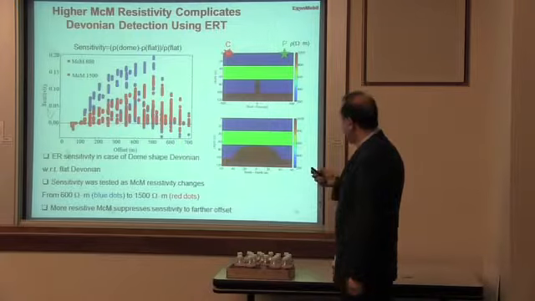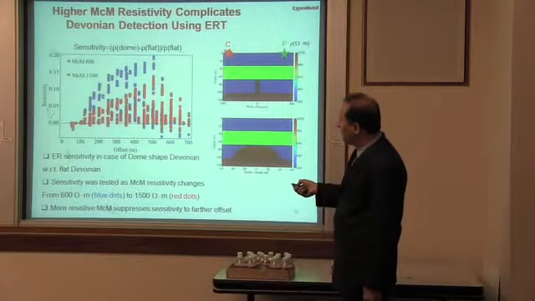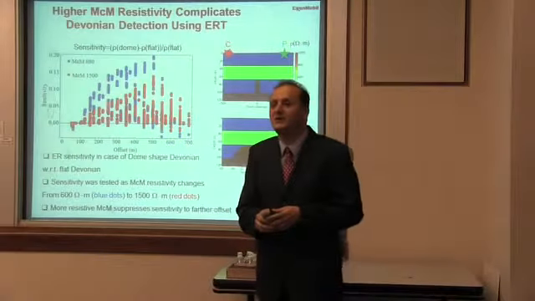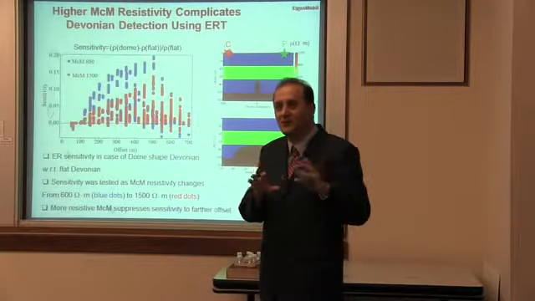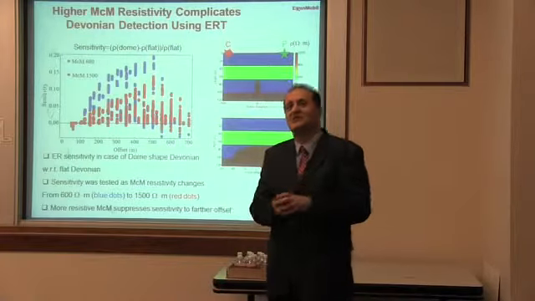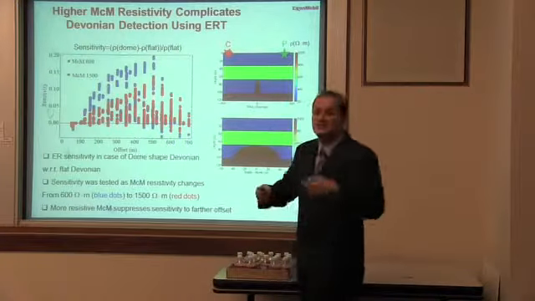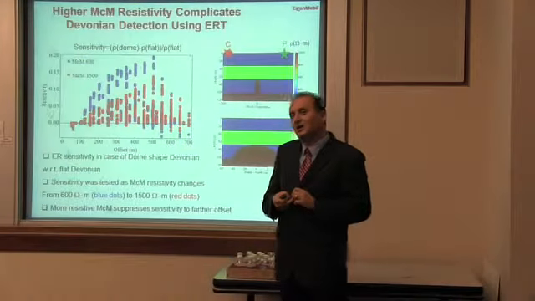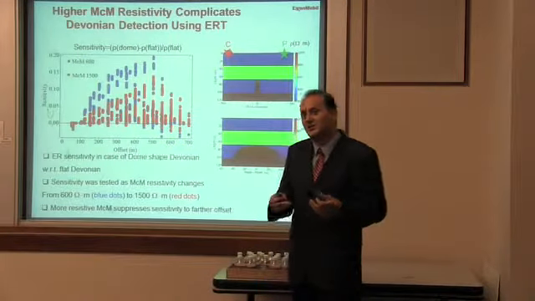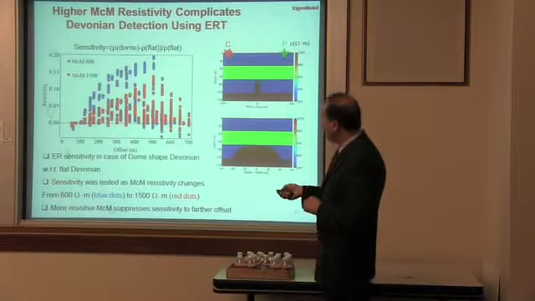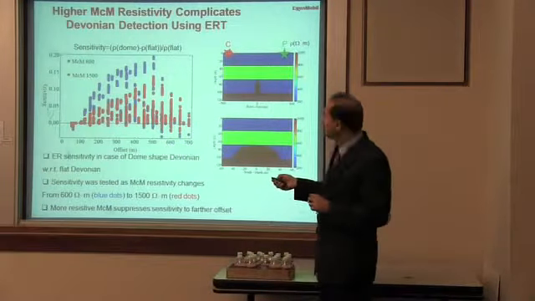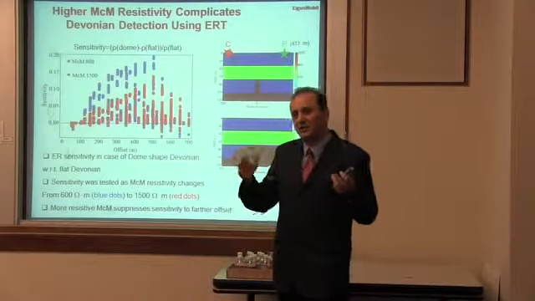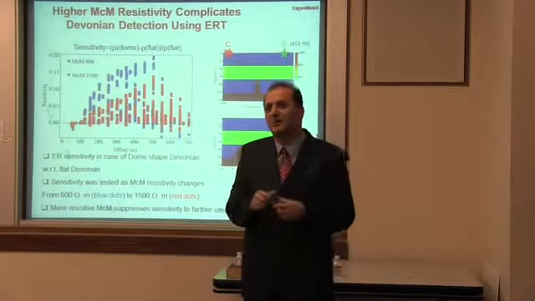Another modeling that I did is, what if the McMurray Formation is very rich in bitumen, so its resistivity is, let's say, 1500. How sensitive could my method be to capture the Devonian? If you look at the red symbols here, generally speaking, the trend is similar to where I have the lower resistive McMurray.